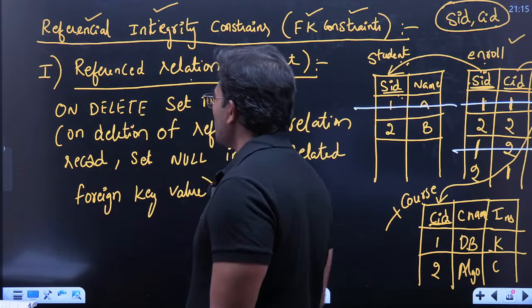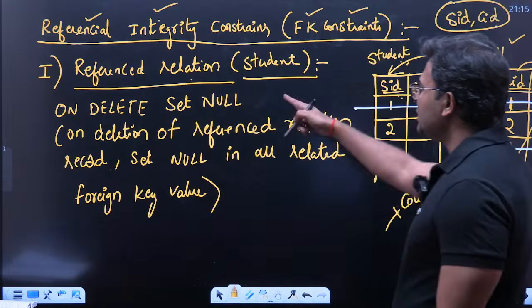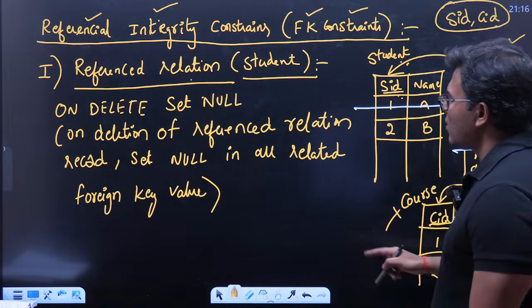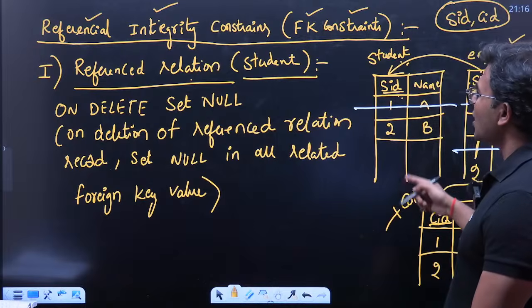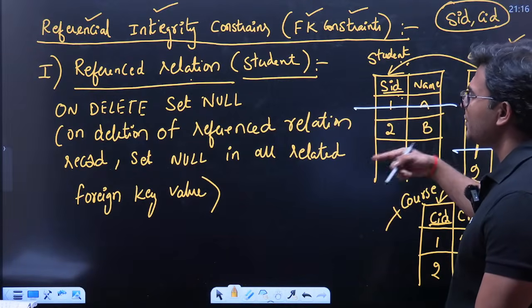So this is one of the options. What you can do, on deletion of a record from the student table, you can put null values to all the related foreign key values, right?